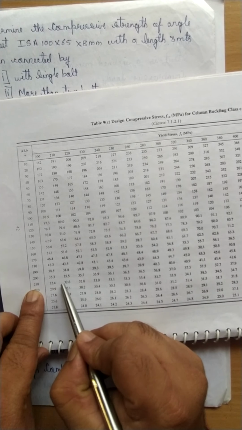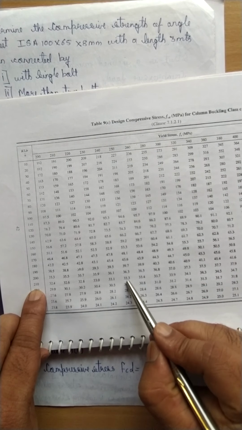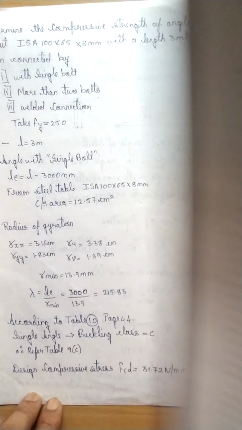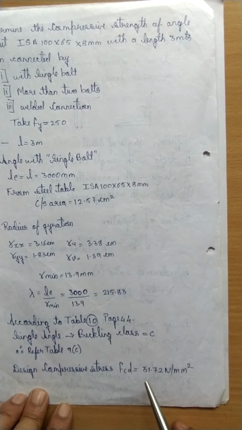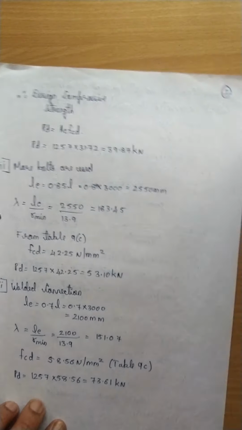It is in between 32, that is for 250 and 215. So, 33.3 for 210 and 30.6 for 220. We computed by interpolation and fcd is 31.72 Newton per mm square.